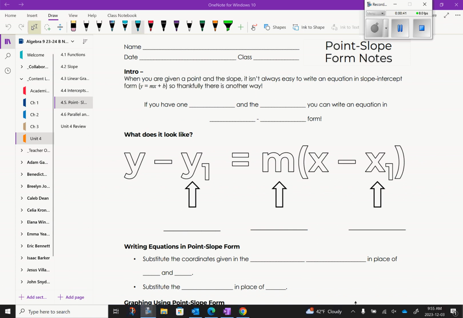We can always use this if we know the coordinates of one point and we are given the slope. You can use point slope form. See how that works? All right, I've got to be careful here with these subscripts. We've got an x sub 1 over here in parentheses, and we have a y sub 1 over there.